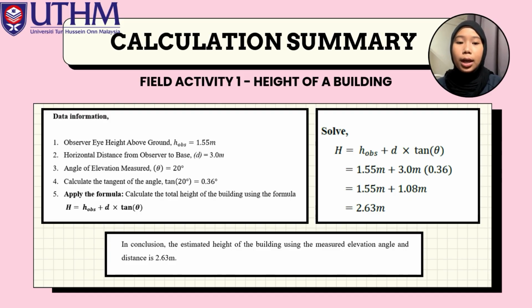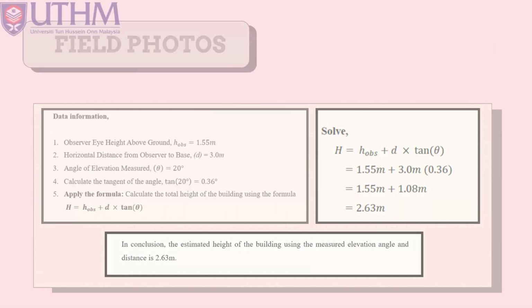So the answer we get is 1.08 meter. Next, 1.55 meter plus 1.08 meter equals 2.63 meter. In conclusion, the estimated height of the building using measured elevation angle and distance is 2.63 meter.